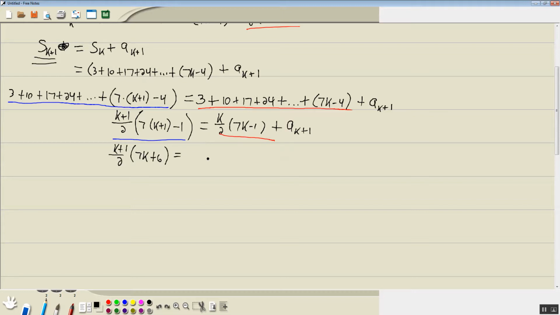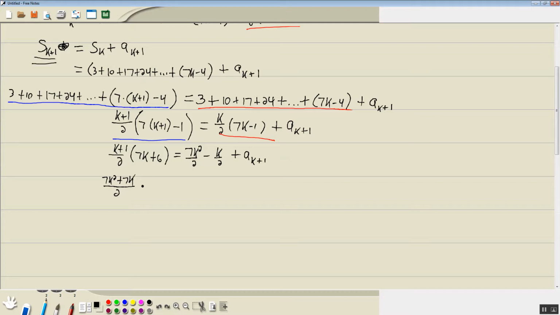equals, and if I multiply this through, I'm going to have 7k squared over 2 minus k over 2 plus a sub k plus 1. If I multiply this through, I get 7k times k is 7k squared. 7k times 1 is 7k, all over 2.